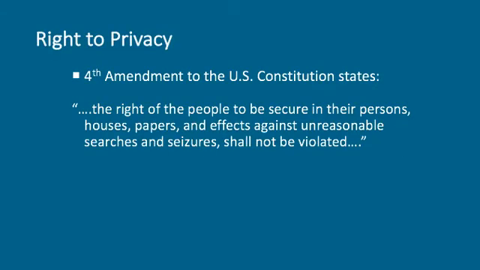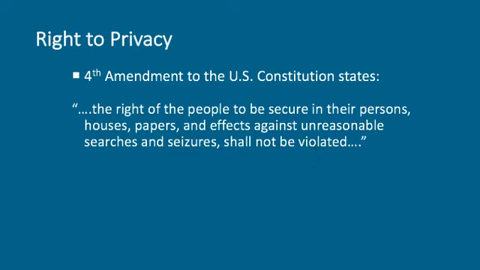So just really quickly, when we think about where this right to privacy comes from a constitutional perspective, if we look to the Fourth Amendment, it pretty clearly states that this is a protection for U.S. citizens, right? I just pulled a little excerpt here, didn't pull the full verbiage, but essentially it says that the right of the people to be secure in their persons, houses, papers, and effects against unreasonable searches and seizures shall not be violated, right?